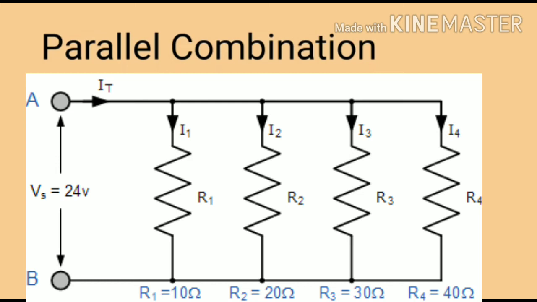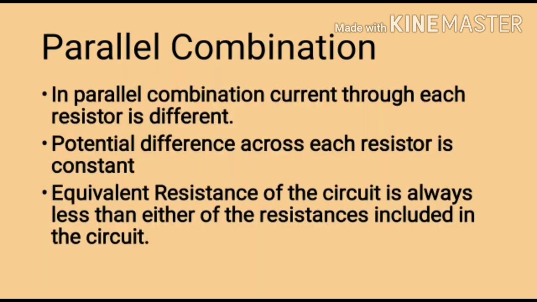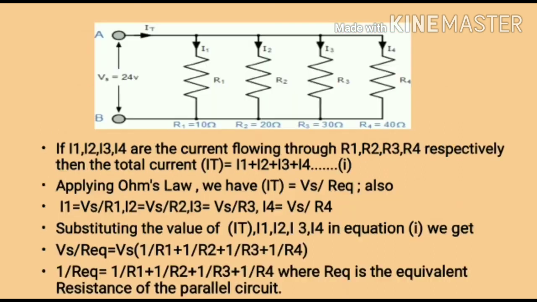In parallel combination, current through each resistor is different. Potential difference across each resistor is constant. So, equivalent resistance of the circuit is always less than either of the resistances included in the circuit.